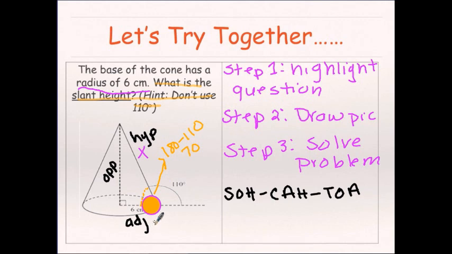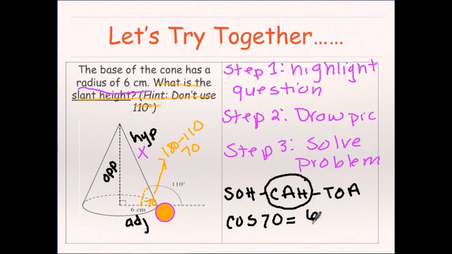So I want to find which trig function fits this situation, and that is going to be cosine. So I write this out: cosine of 70, the angle that I used to label the sides with, should equal adjacent over hypotenuse, so 6 over x.